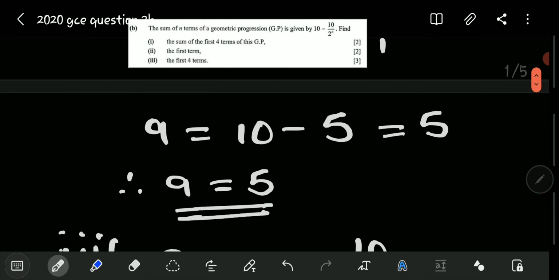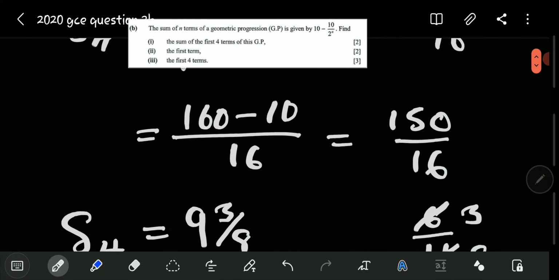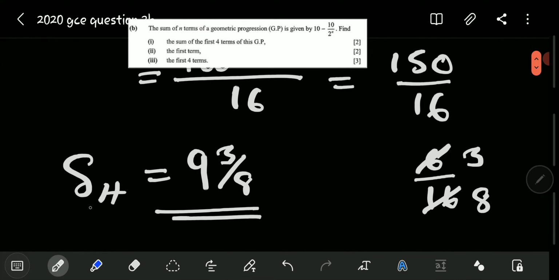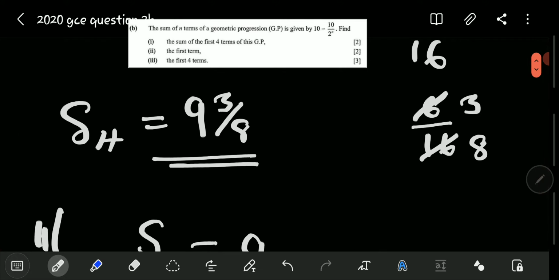So you actually find that you will still get what we found as the sum of the first 4. So it will be 5 plus 2.5 plus 1.37 something plus the 5 over 8 to give you 9.93 over 8.